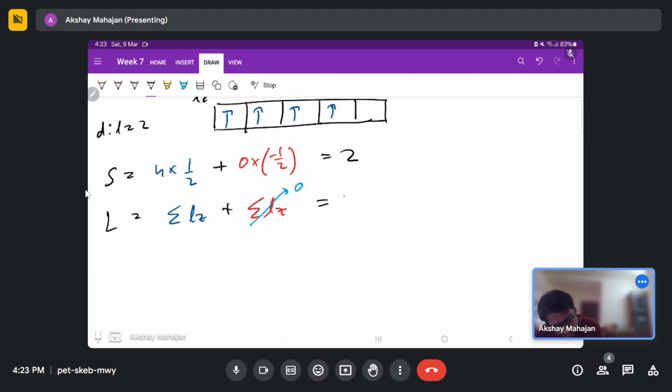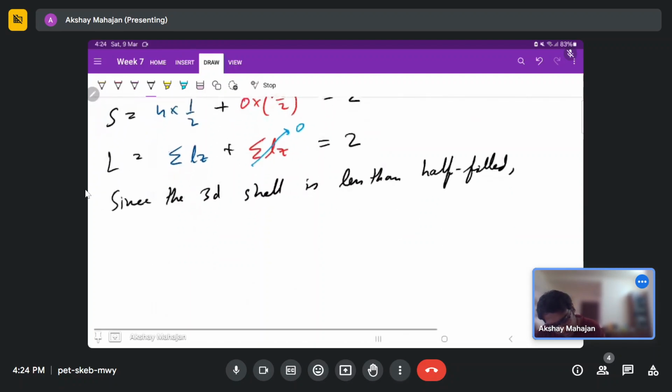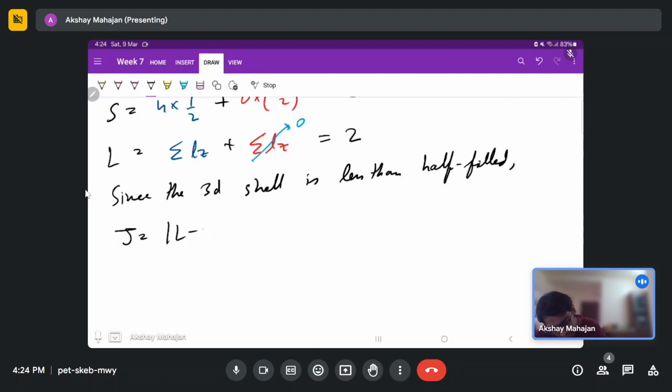And this will give you 2. Now since the 3d shell is less than half filled, J will be equals to mod of L minus S equals to 0.